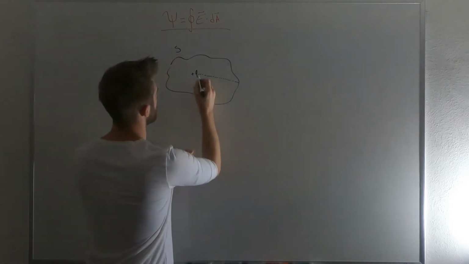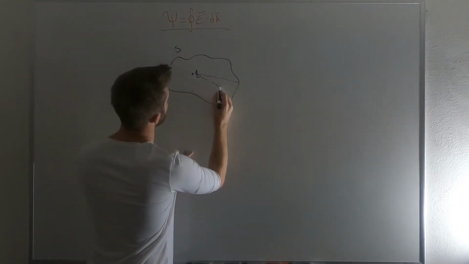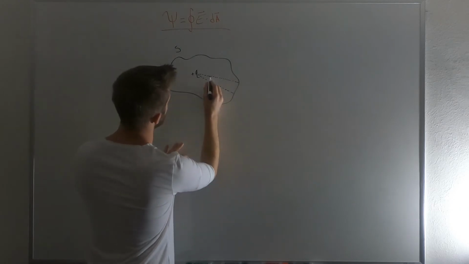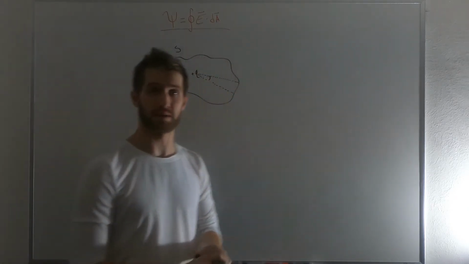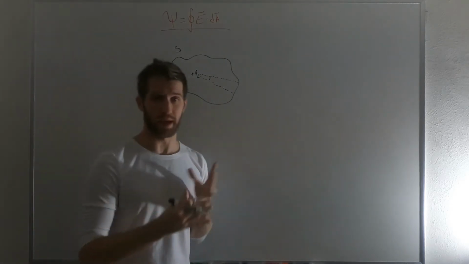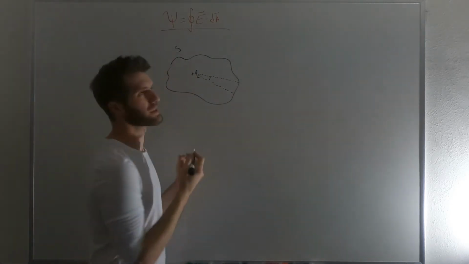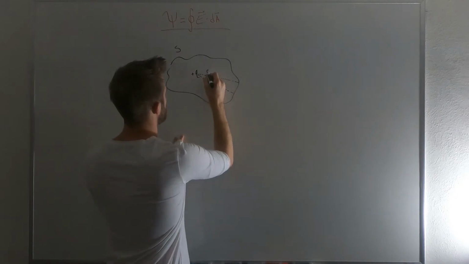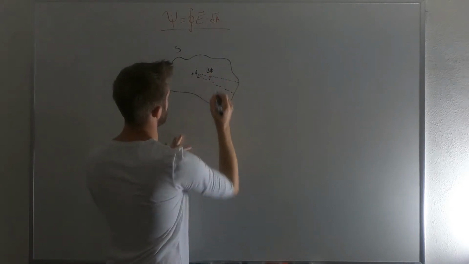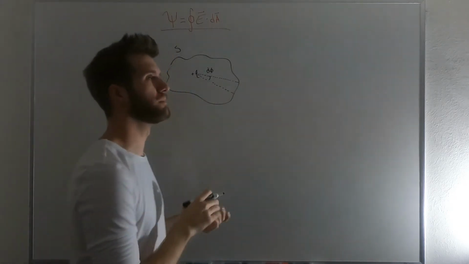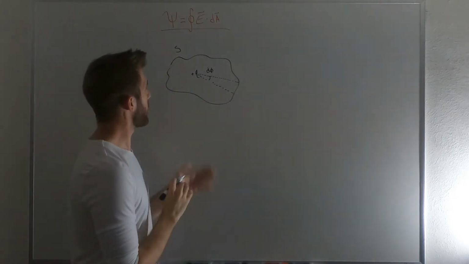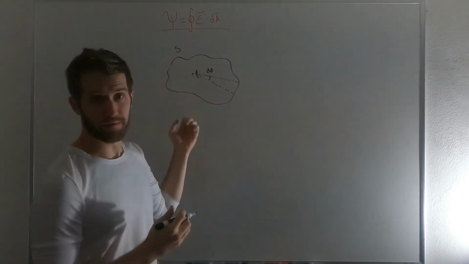This direction will be labeled, it's some infinitesimal amount. We know that much because we have to apply a little bit of calculus here. So we're just going to label this d phi.